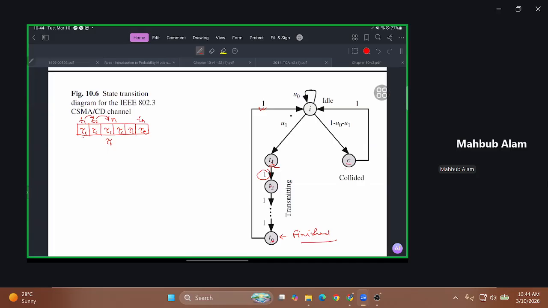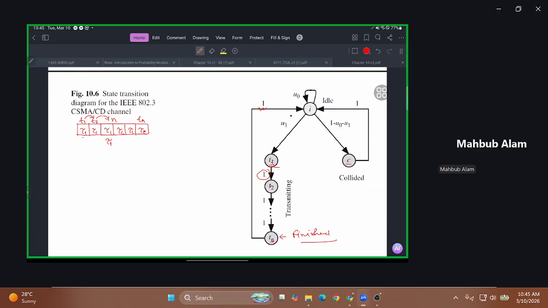And we have a collision state, where two or more stations transmit simultaneously, and within a time period tau sub c, all of them identify that a collision has occurred, and immediately they stop their transmission and come back to state I.